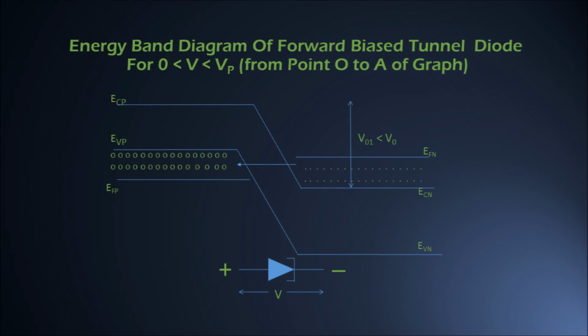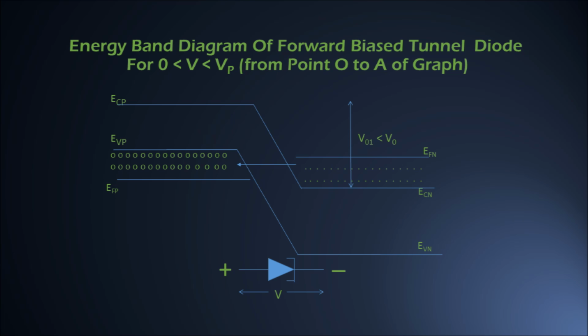When the tunnel diode is slightly forward biased, that is when applied potential difference is less than Vp, then the height of the potential barrier starts decreasing and energy bands start crossing each other.